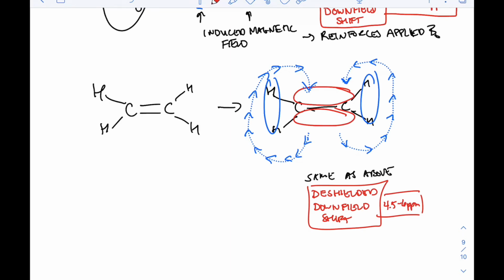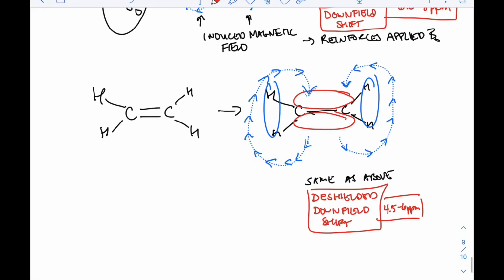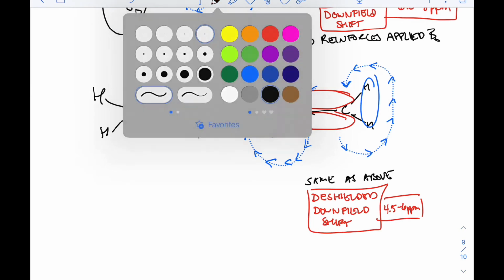Okay, and that's basically the sp2 CHs, right? So remember it that way. The sp2 are going to be the same. It's just the degree of de-shielding for the benzene ring versus the alkene.